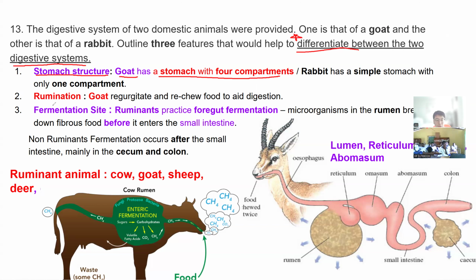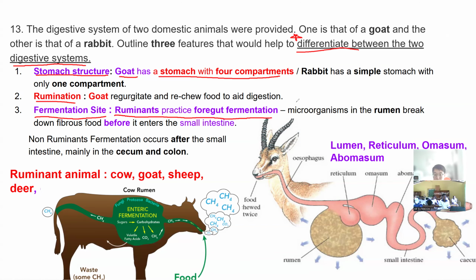You can also talk about things like rumination, where goats regurgitate and re-chew food. You can also talk about fermentation sites, where ruminants practice foregut fermentation, where microorganisms break down the food before it enters the small intestines.